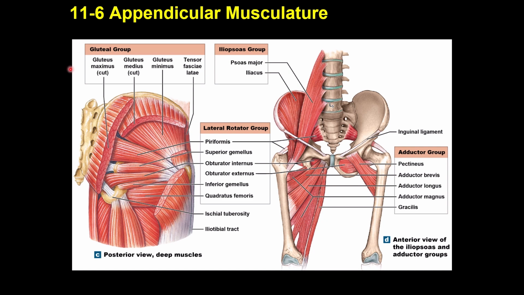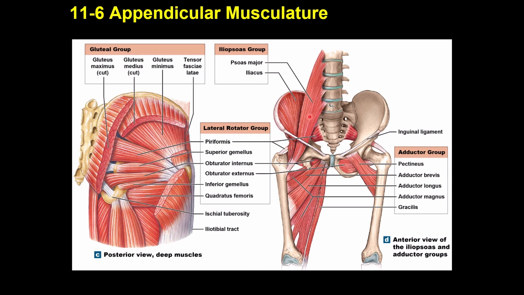Okay, so again, you can see the gluteal group muscles. This is the gluteus maximus here, and the gluteus medius, gluteus minimus deep, and tensor fascia latae. So there's 4 muscles that you can see here. And then there is another group called iliopsoas muscles. This is a combination of 2 muscles.